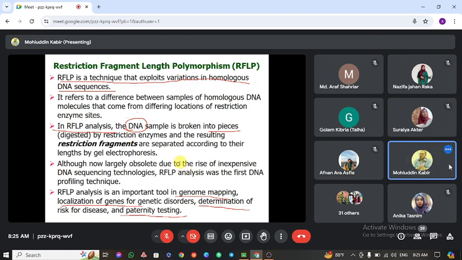Then gel electrophoresis is performed to analyze those different fragments. In that way, we can get information on an unknown DNA or an unknown genome, even if we do not have any other information except the length.